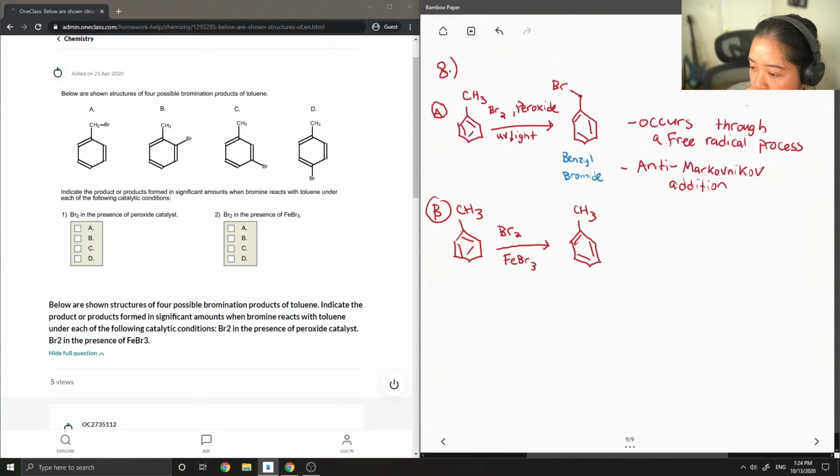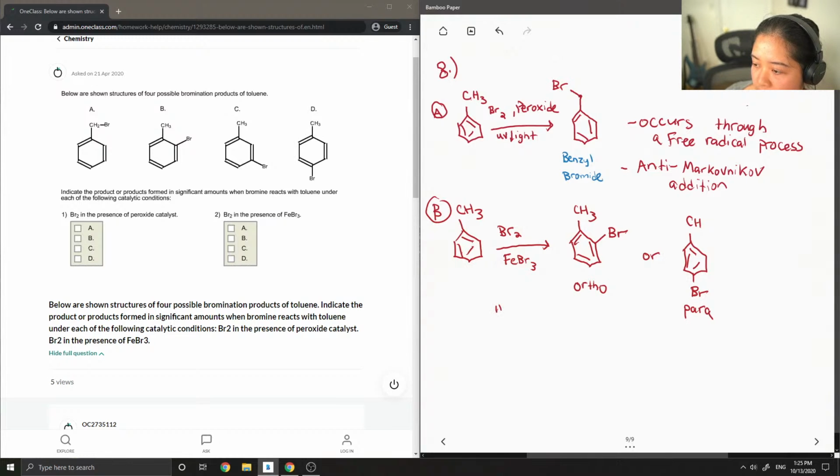You can have bromine either on this carbon, so this is the ortho position, or you can have the bromine down here. So this is the para position.